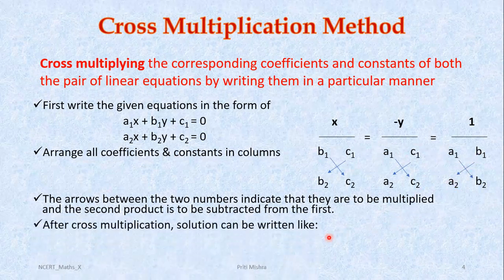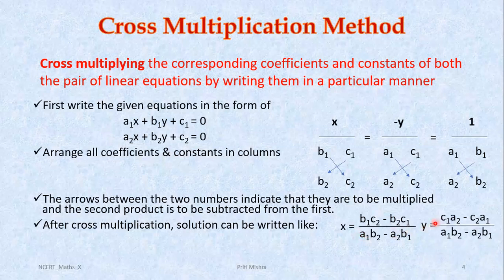In the same way, when we do this product and write it just like this, we will have the solution for x and for y. How? For finding the value of x, we will consider these two ratios together. x upon this is equal to 1 upon a1b2 minus a2b1.